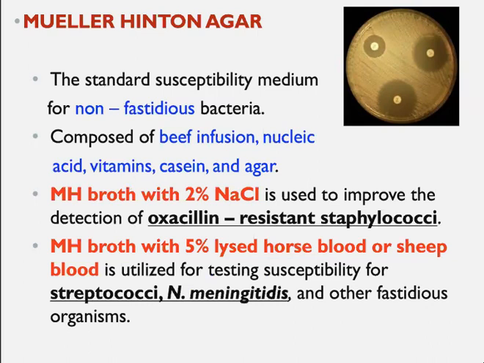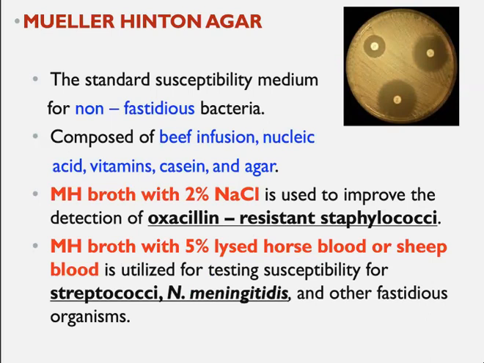I believe you have used that in your laboratory previously. However, we can improvise this to fit the needs of your organism. For example, if the organism you need to grow is oxacillin-resistant staph, we can add 2% sodium chloride to facilitate the growth of staphylococci, which are halophilic.